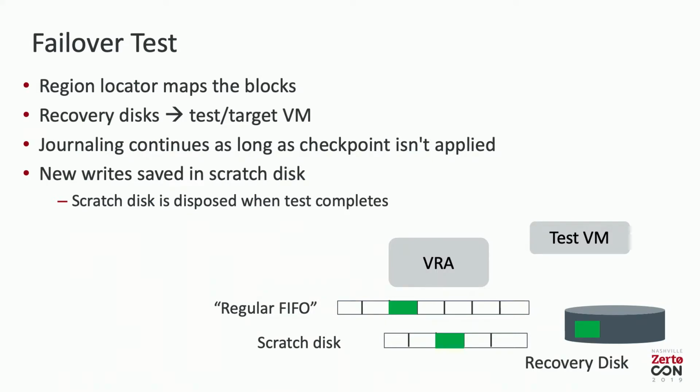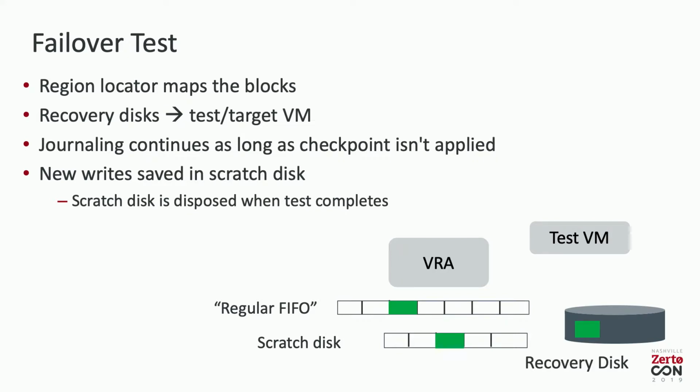It's done through the same mechanism that is able to filter out and listen to the IOs that the production VM writes to. So that same mechanism also enables the VRA to access those disks that are connected to the helper VMs.